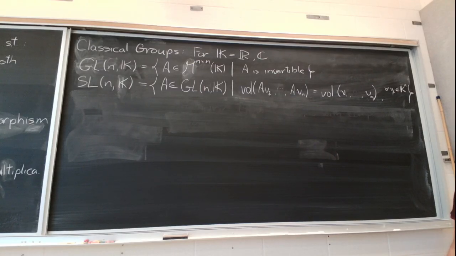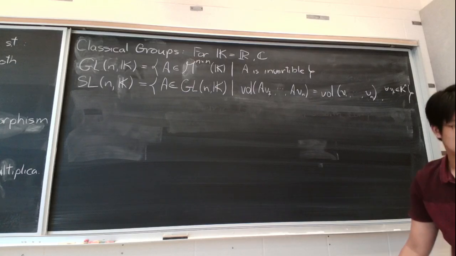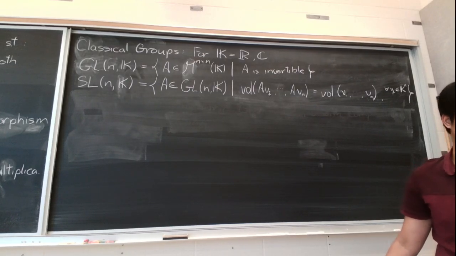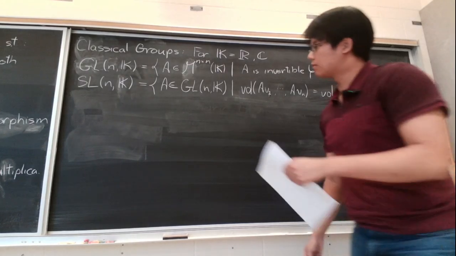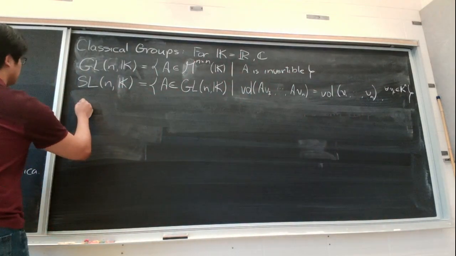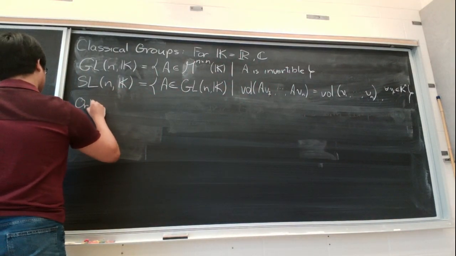If A has this property for one volume, then if you rescale it, I just multiply the equation by a number on both sides, and nothing changes. So the volume is the unique multilinear alternating function that takes in as many vectors as the dimension, up to scale.